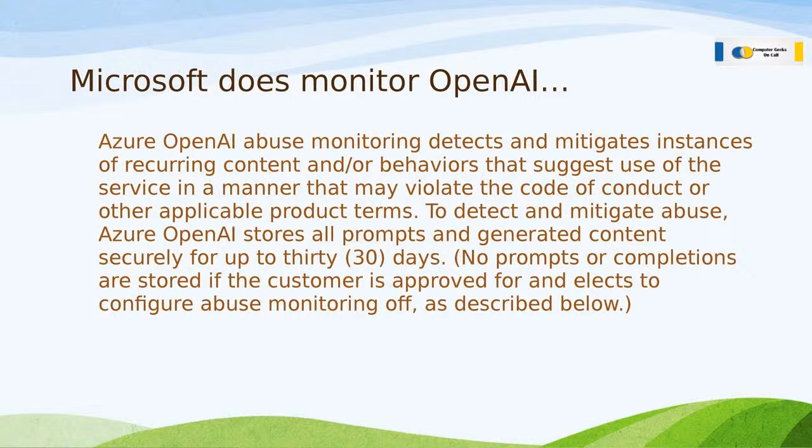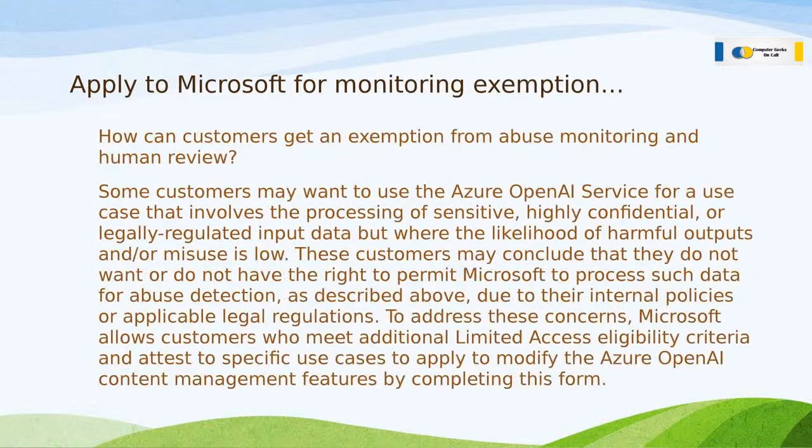There are probably laws requiring these cloud companies like Microsoft and OpenAI to maintain this data. So again, they do still monitor it. Microsoft does through their systems. Now, you can apply to Microsoft for a monitoring exemption.